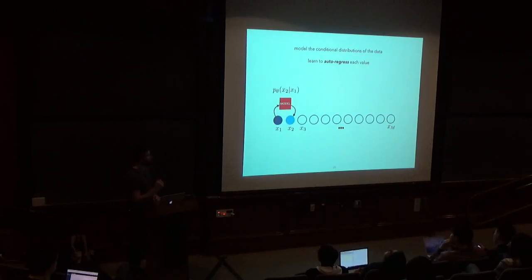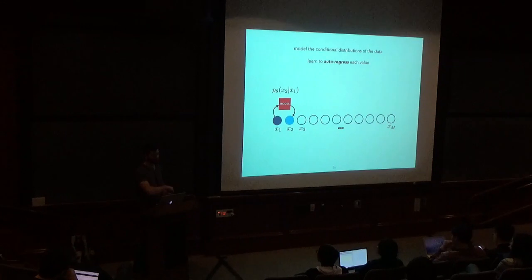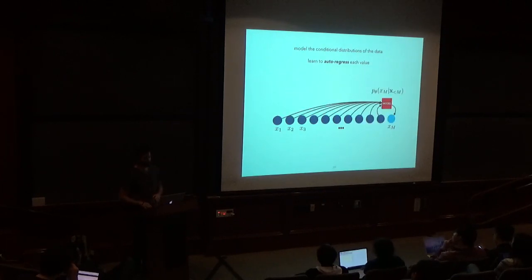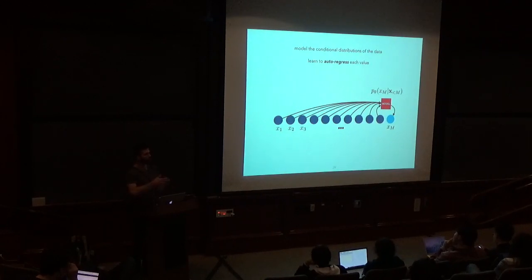Now what we're going to do is feed that first sample into our model, and we're going to have P of x2 given x1. So we'll generate a distribution on the next dimension. And we'll continue this on to the third dimension and the fourth, and you get the idea. We'll continue this all the way through until we reach the final dimension.